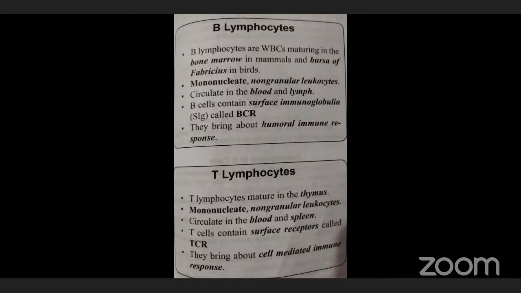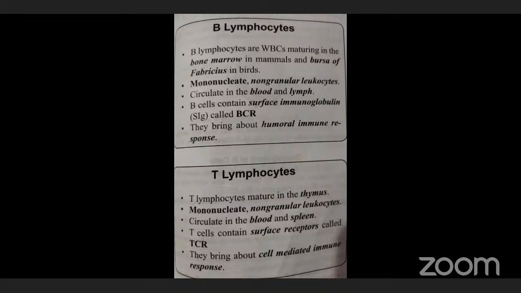BCR means a cell surface place that is a binding site for antigens. B cells contain such a marker, like a binding site, which is called a BCR. They bring about the humoral immune response.